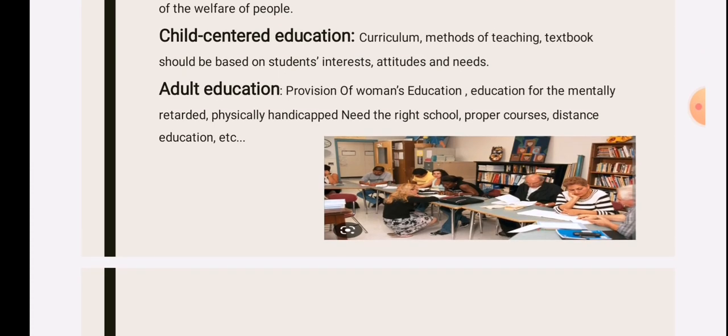Then adult education, which means women's education and education for the mentally retarded and physically handicapped, with the right to school, proper courses, and distance education. Not only that, after a certain age, for example in our village, a lot of people close to 60 or 70 years did not learn to write and read. They have already crossed the age for formal education.